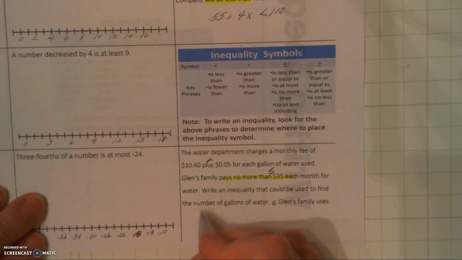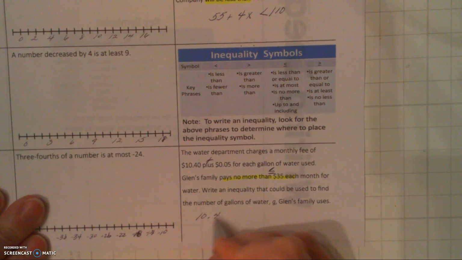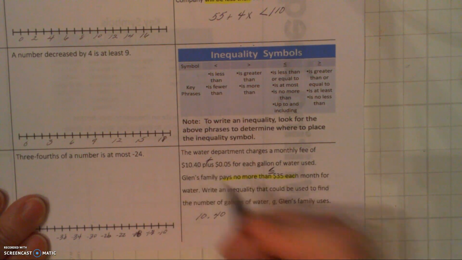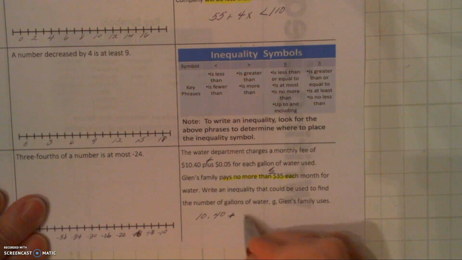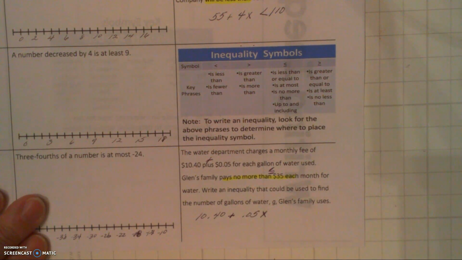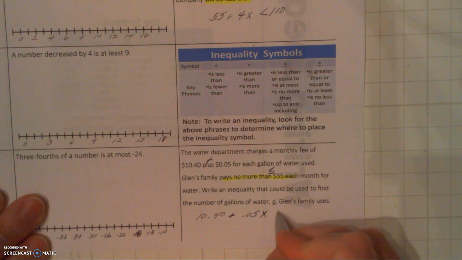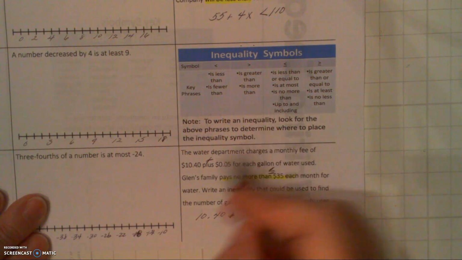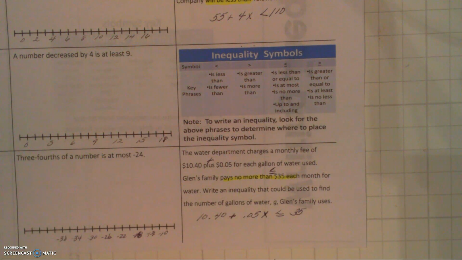So here we have $10.40 plus 0.05 for each gallon, which is unknown, and it is less than or equal to 35. Okay? See, it all fits in there nicely together.